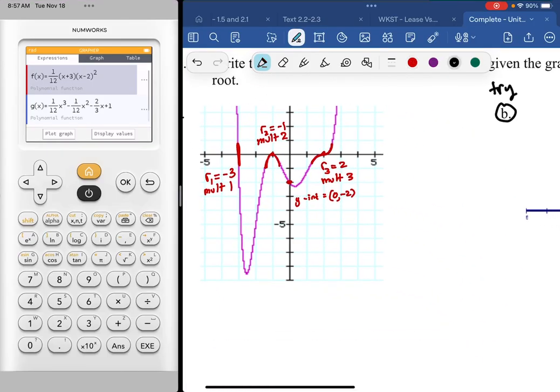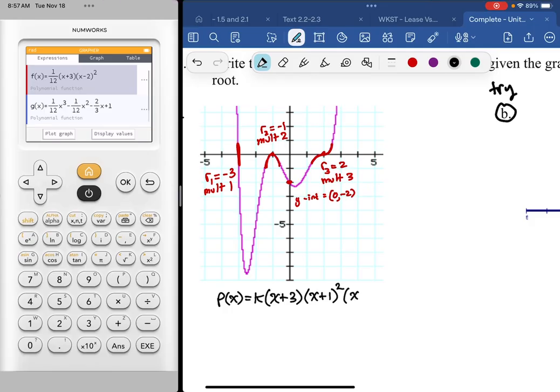All right. So in my setup, p of x is going to be equal to k times x plus 3, x minus the negative 3, with a multiplicity of 1, so power of 1. Then x plus 1, x minus negative 1, with a multiplicity of 2, so power of 2.